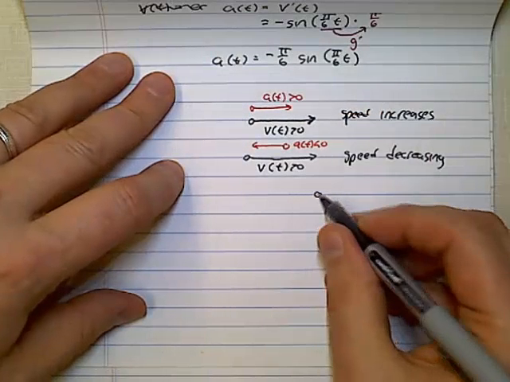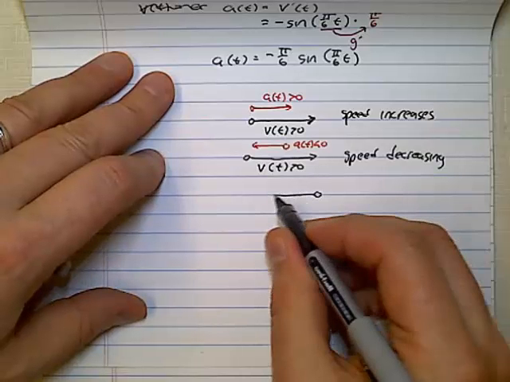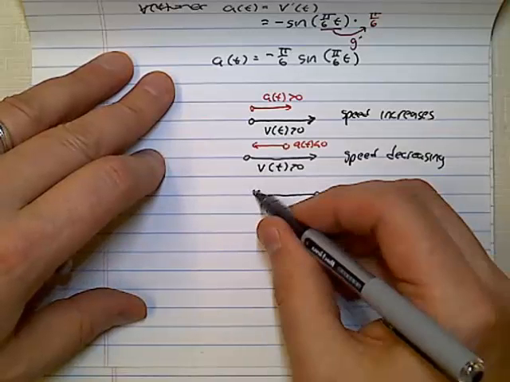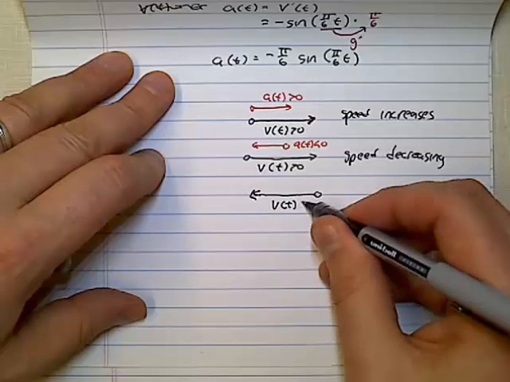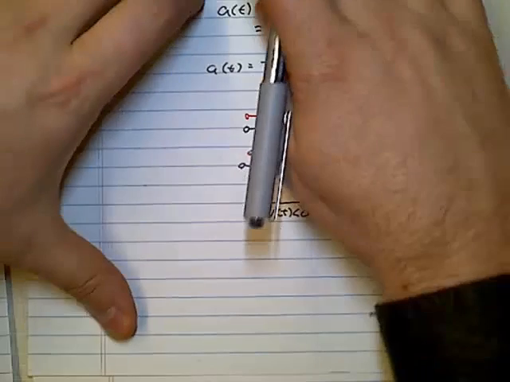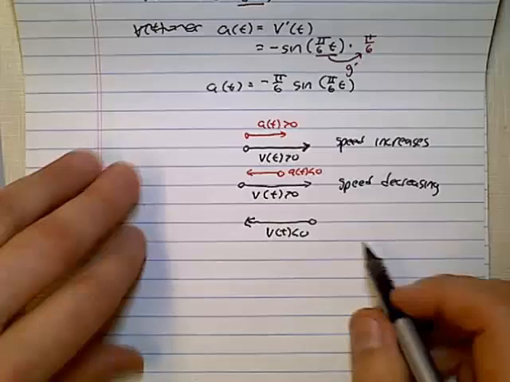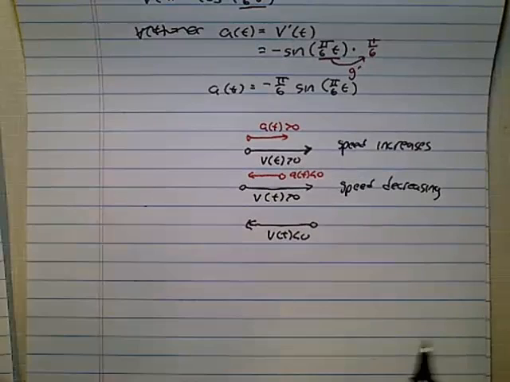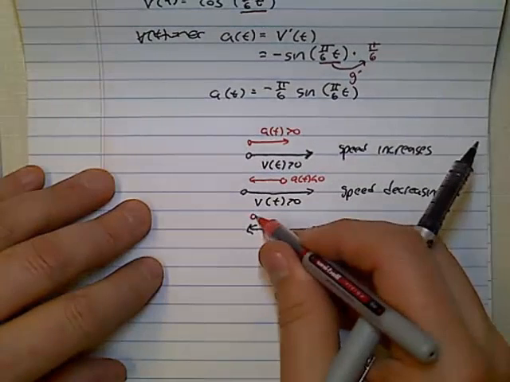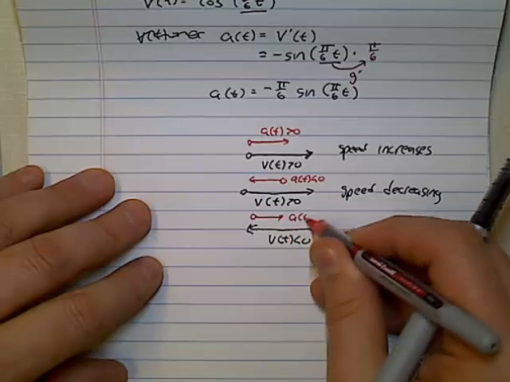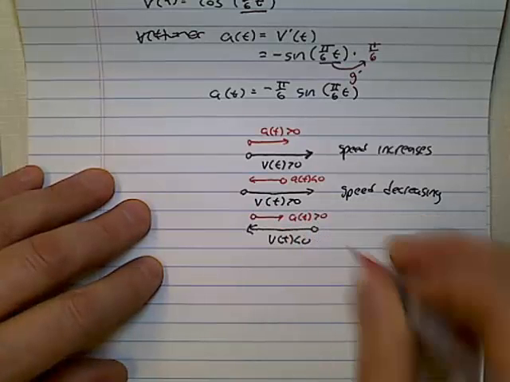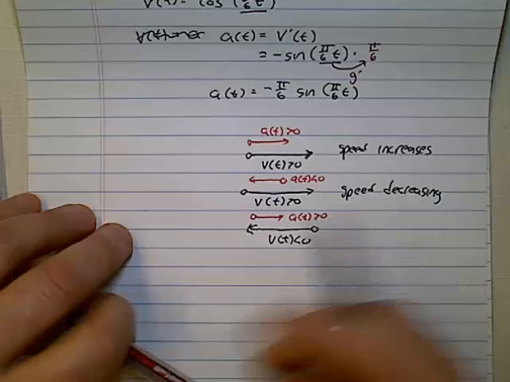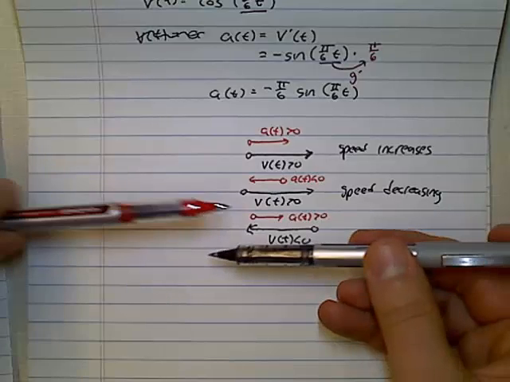Suppose the velocity is negative. If the velocity is negative, that means the particle is now moving to the left. And now let's also suppose that the acceleration is positive. Then the velocity is to the left, but the acceleration is pushing against it to the right.